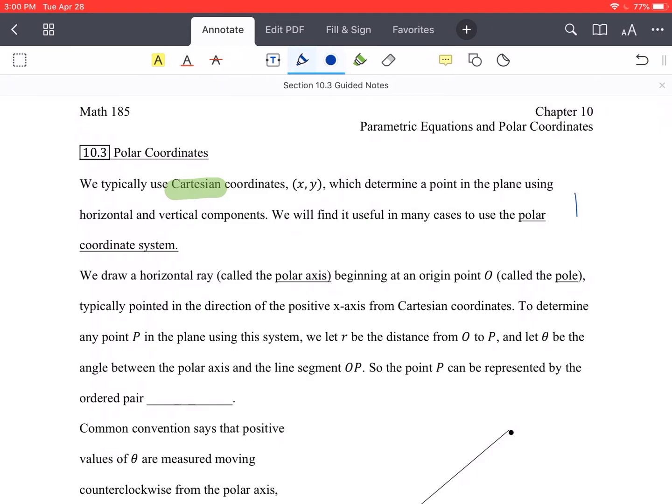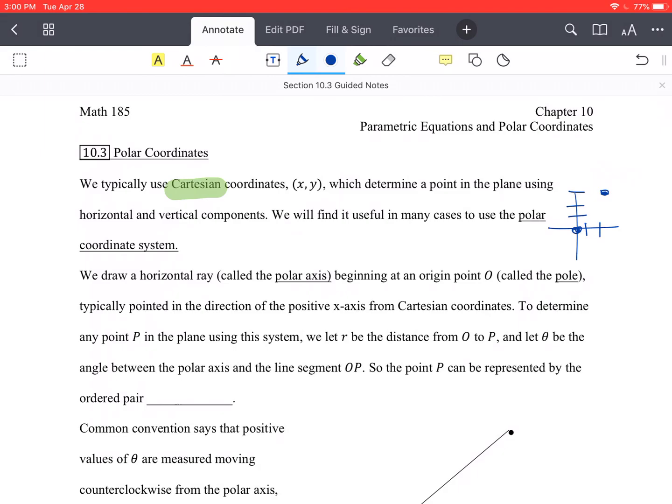So if I start right at the origin here, and then we say, okay, well, this point over here, we can define it by moving over 2 units horizontally and 3 units vertically, and then we get the point 2, 3, like this. So something like that. You get the idea.